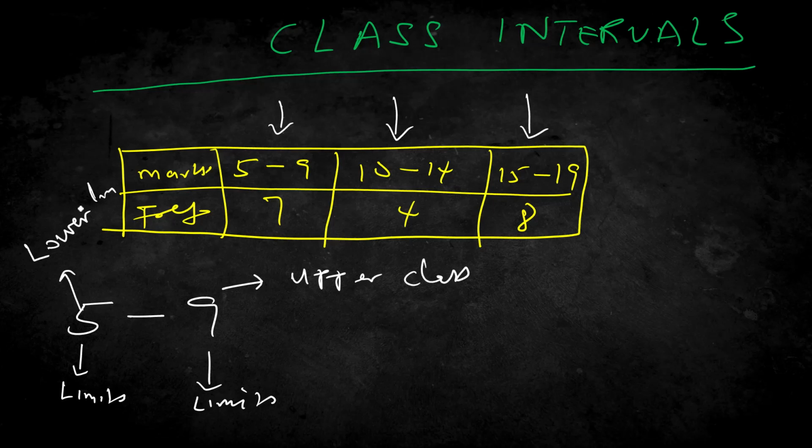So this one is called the lower class limit, then this one the upper class limit.